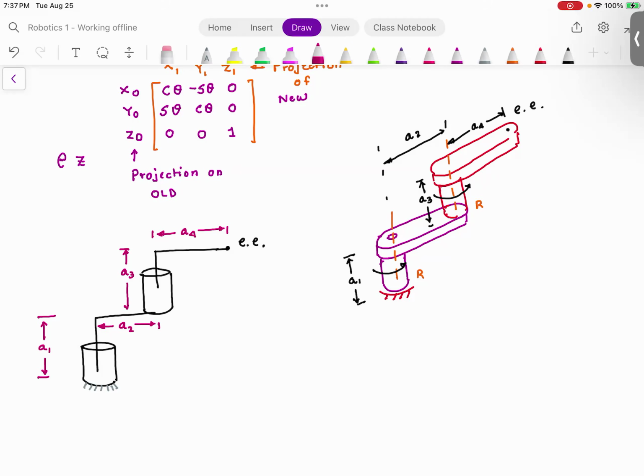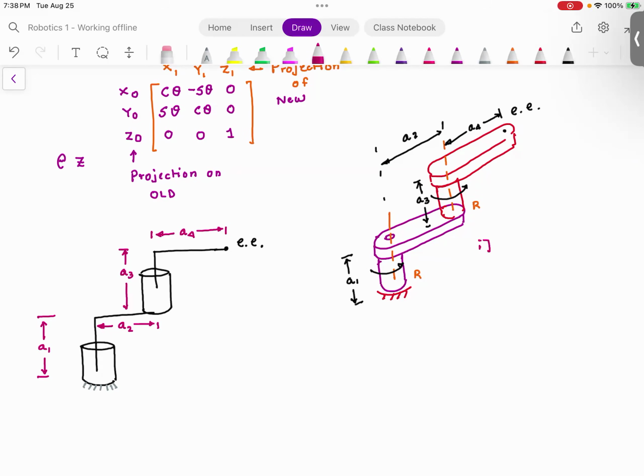Now, the most important thing is we have to identify the coordinate systems for different links. First and foremost, let me give you a set of rules. The first rule is: the z-axis goes through the joint. Which means I'm going to first specify the z-axis.